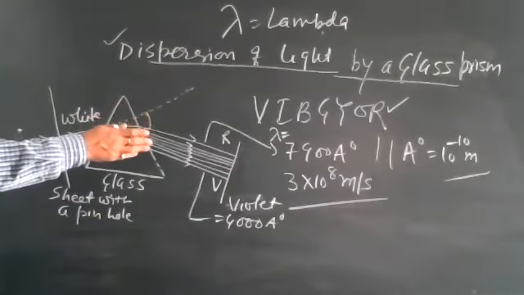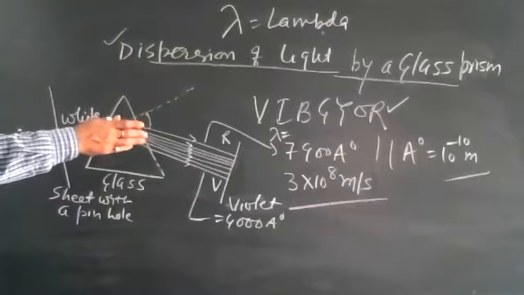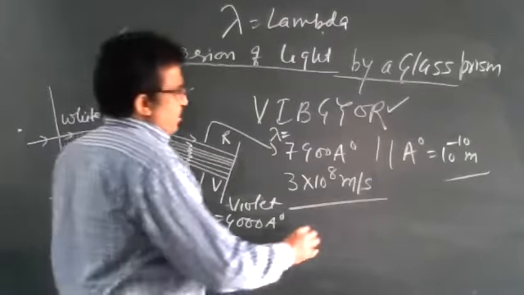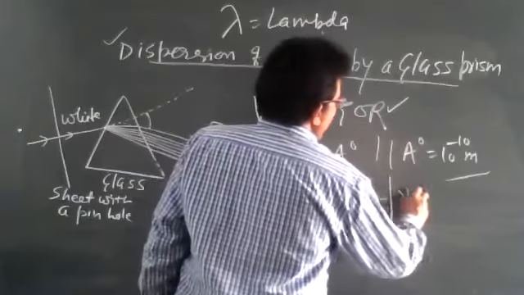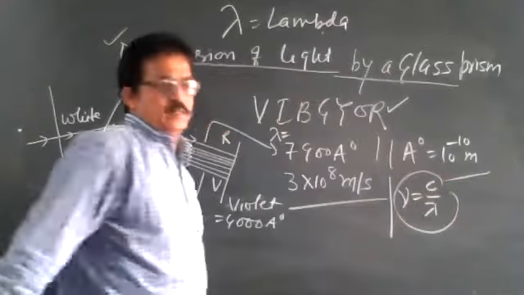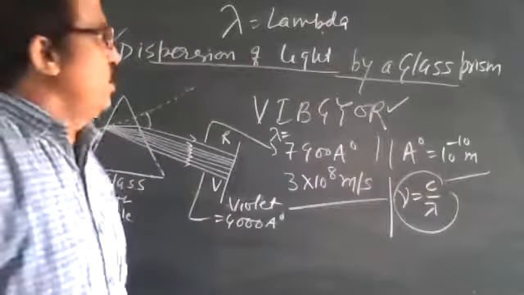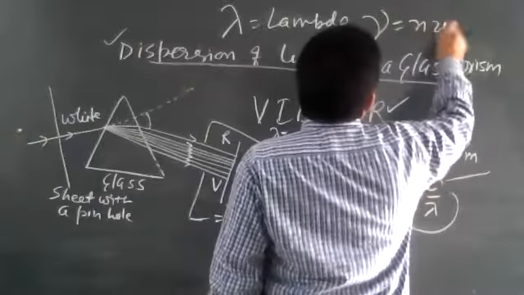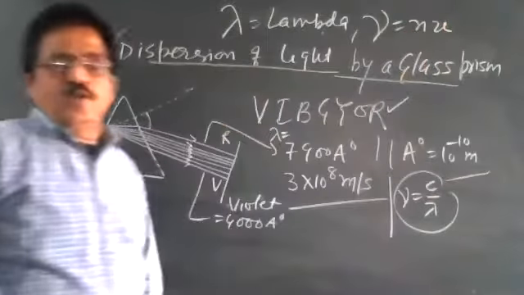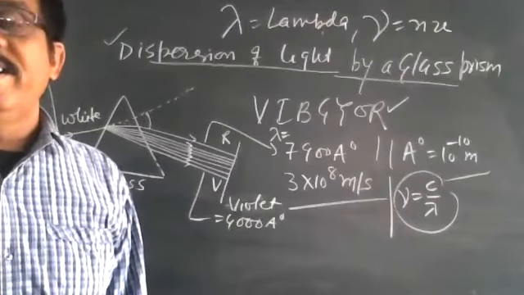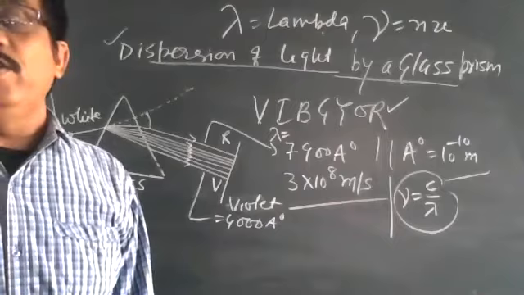Wavelength you know, so you can find out here. The frequency nu of the light can be calculated with our formula nu is equal to c by lambda. Nu here is frequency. The unit of the frequency is hertz. The unit of the wavelength is meter.